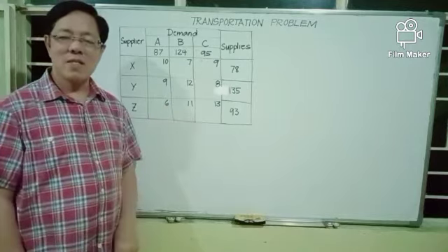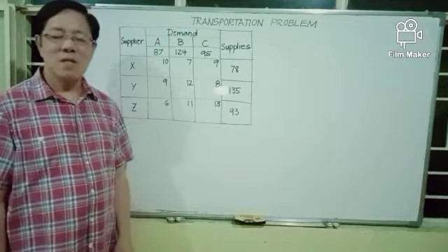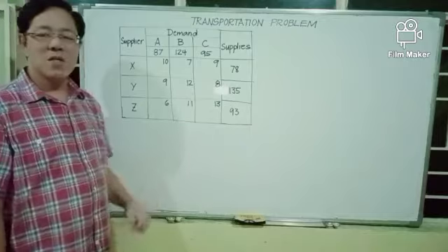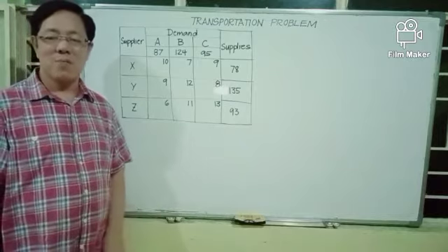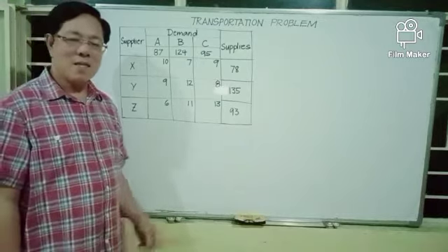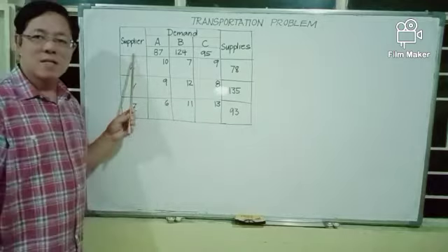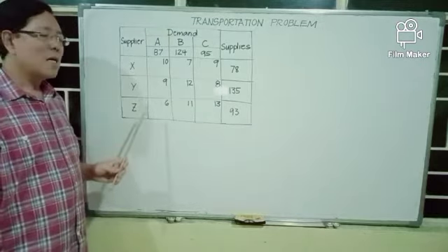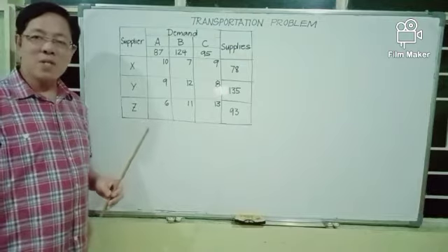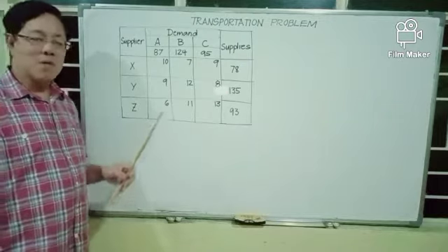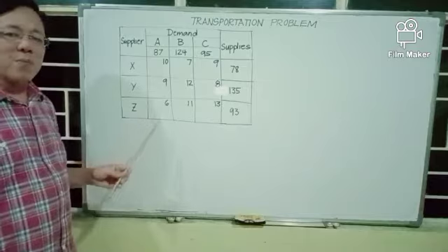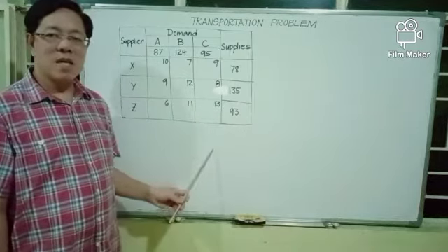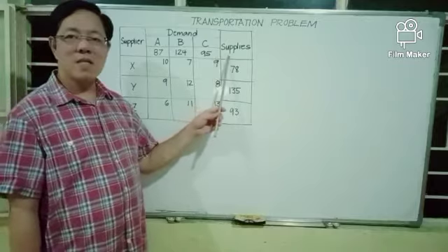The second set of information given in a transportation problem is the set of supplies. And in this example, the suppliers are denoted by X, Y, and Z. The number of units available, or the available supplies, for each of these suppliers are given in the last column of this table, labeled supplies.